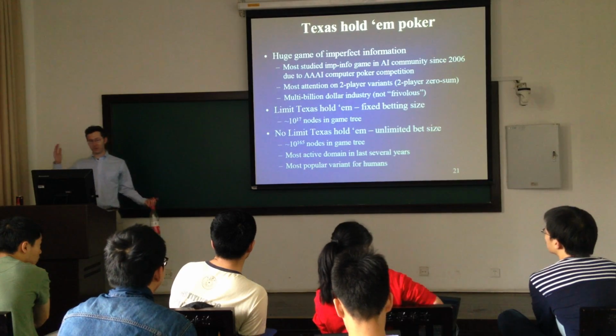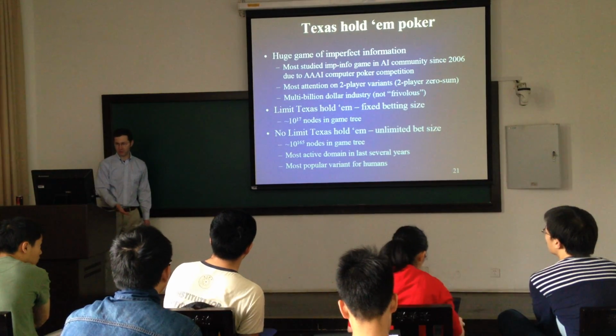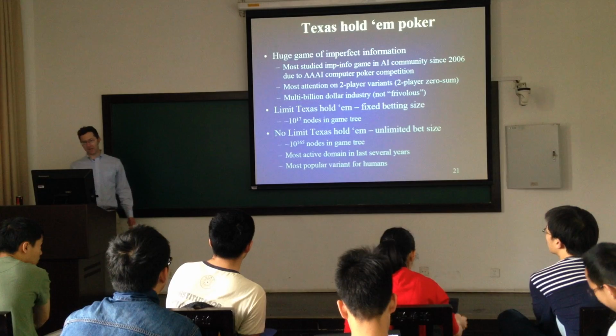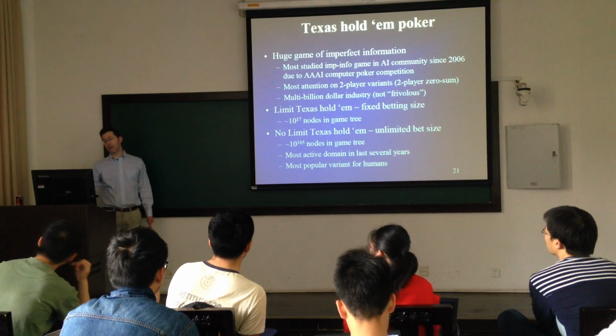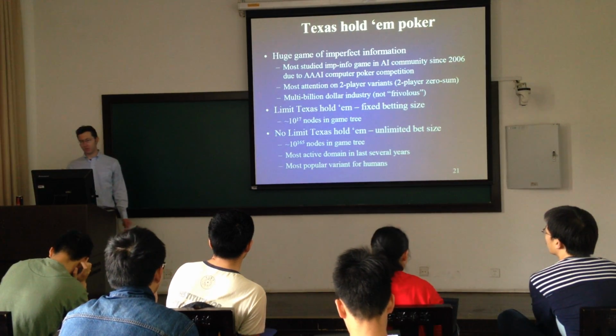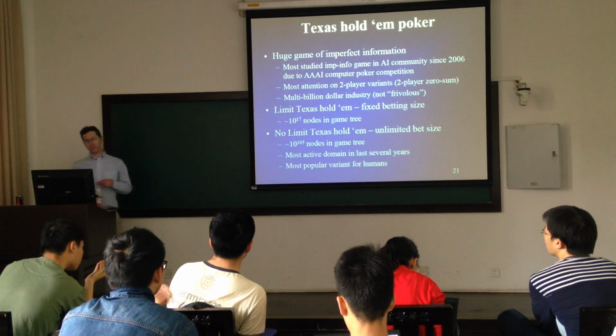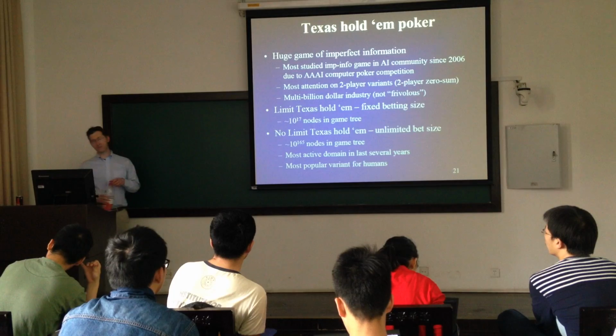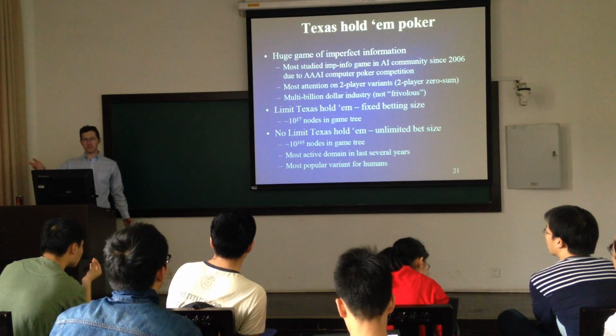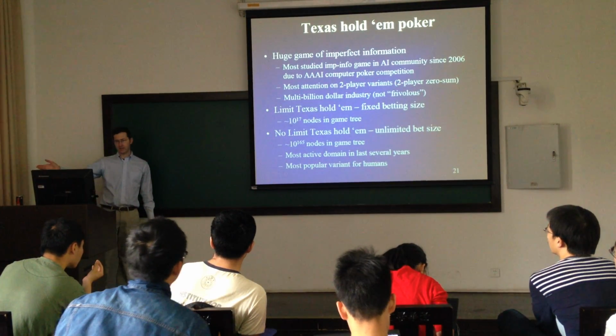It's very compelling: if you were using a computer in equilibrium, it would be unbeatable. Whereas it's a lot less clear what a goal would be in multiplayer. It is two-player zero-sum, and poker, I'll point out, isn't just a toy problem that's been invented to be studied in academics.